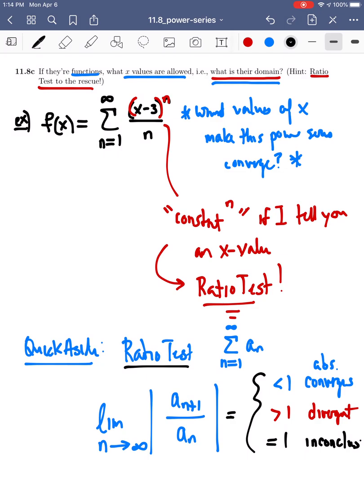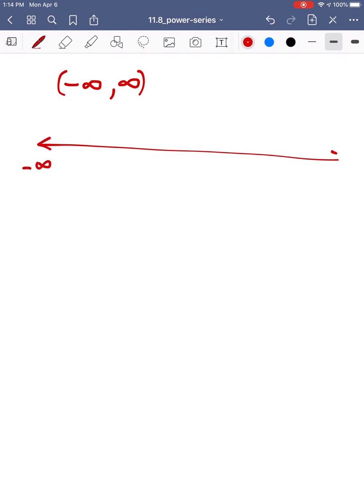We're going to apply ratio test to our power series. And what this is going to do is hopefully take this negative infinity to infinity possibility of what x values we could evaluate our series at, and narrow it down into some smaller region in which the series converges.